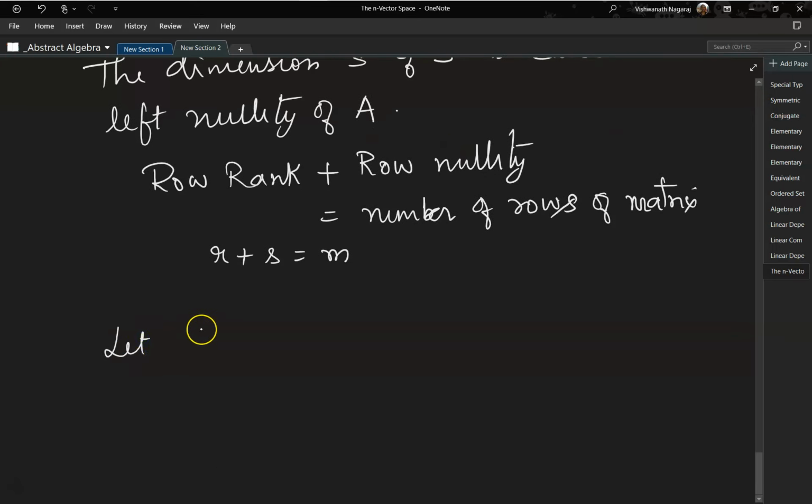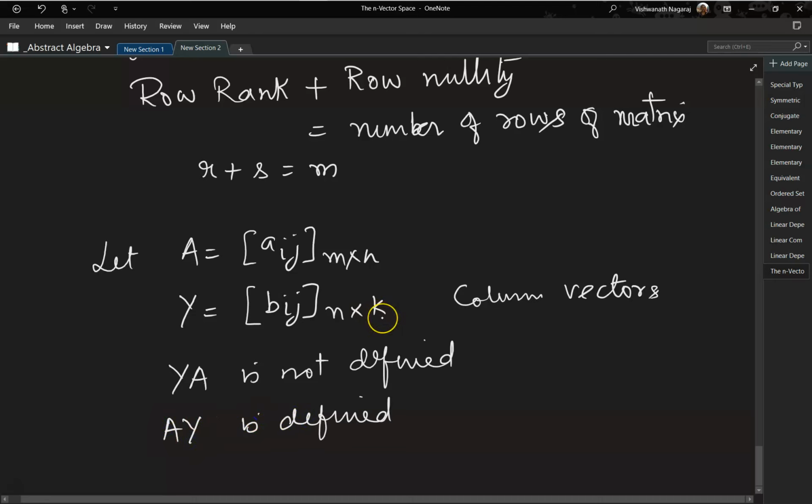So let A is equal to Aij, which is an m by n matrix, and Y is equal to Bij, which is an n by k matrix. Now let's say this is written as a column vector, not as row vectors. Now in that case, what happens? Ya is not defined, yes, whereas Ay is defined, n by k. So m by n, n by k.